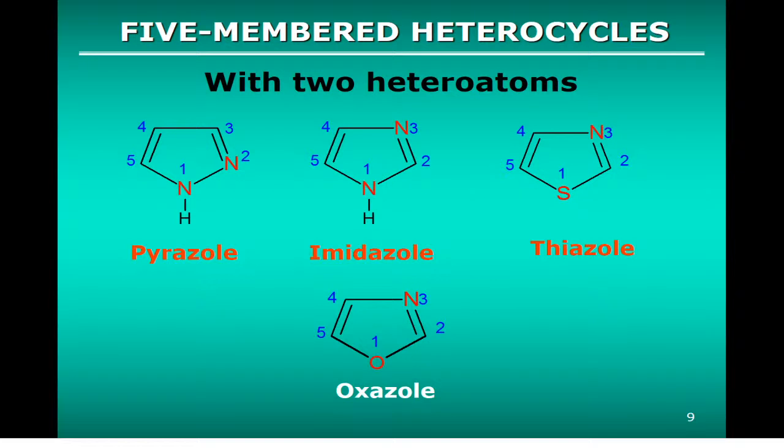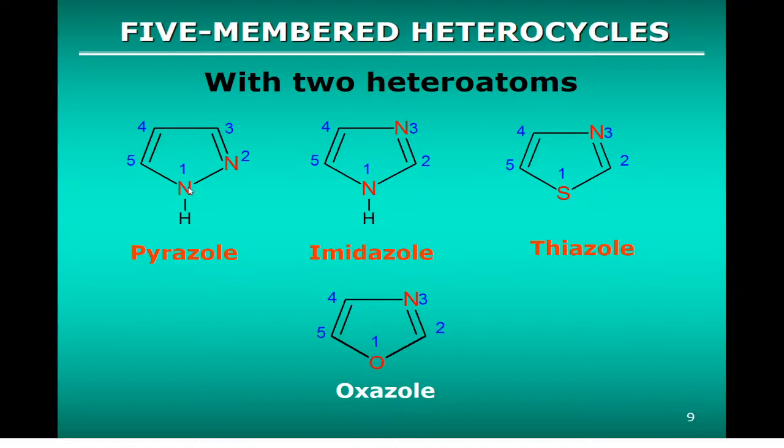So take a look. According to priority order, when we deal with a few heteroatoms, oxygen is the highest one in priority order, then sulfur after, then the pyrrole nitrogen atom, and the last, according to priority order for numbering, is the pyridine nitrogen atom. So when we number, we start with the highest priority heteroatom.